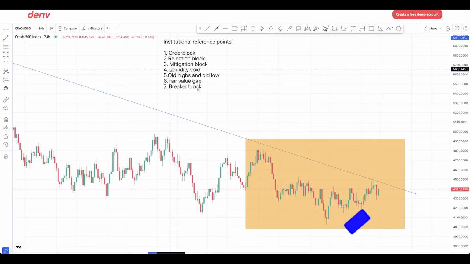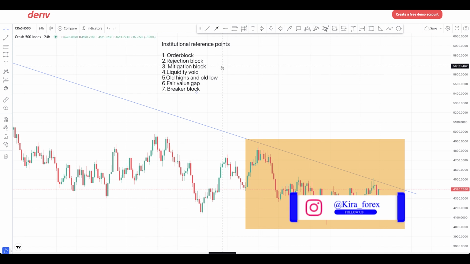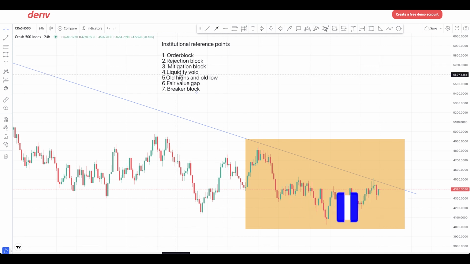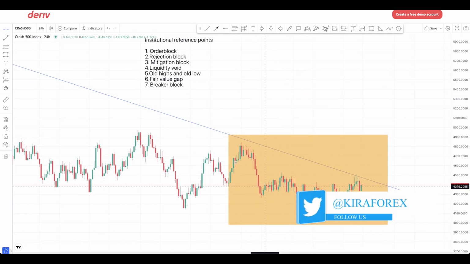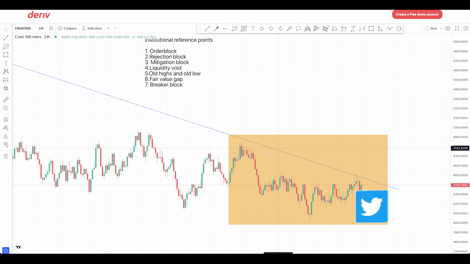So we have it here: the order block, rejection block, mitigation block, liquidity void, old highs and old lows, fair value gap, and breaker block. And like I also said, we are going to concentrate on this aspect, which is around the current price.